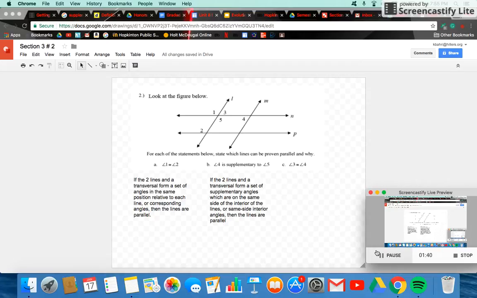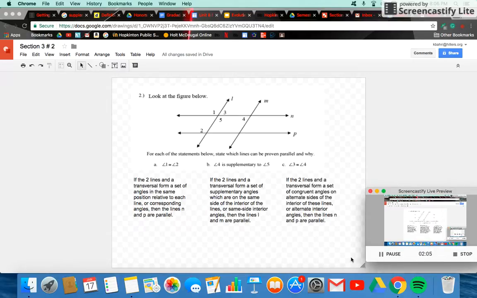And because we know that these two angles, angles 4 and 5, are supplementary, and they are on the same side of line N, we know that they are same side interior angles. And because of this, we can say that the two lines are parallel.